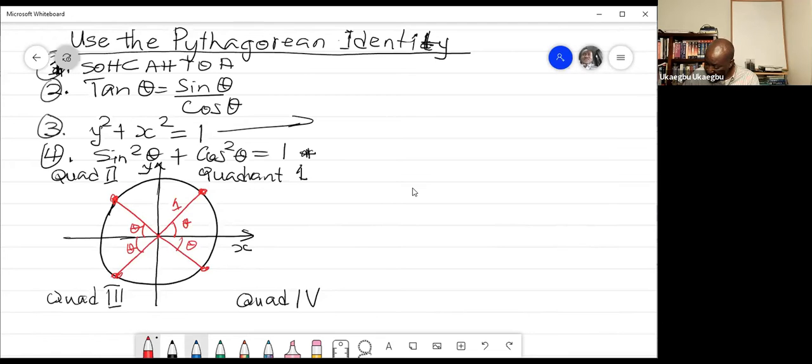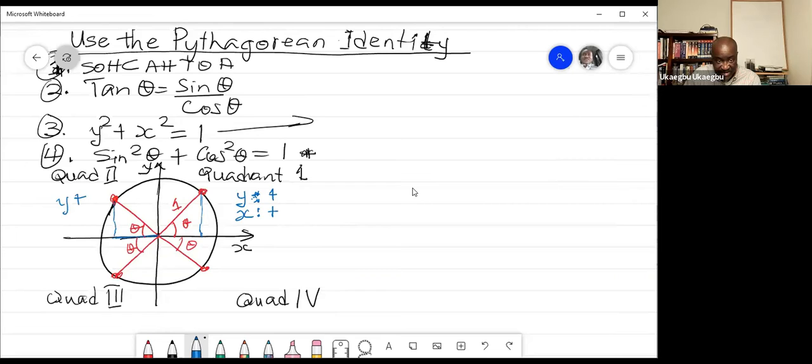So you can see you have your y-axis here and you have your x-axis. In this first quadrant, y is positive, and x is also positive. In the second quadrant, you can see that y is positive and x is negative.